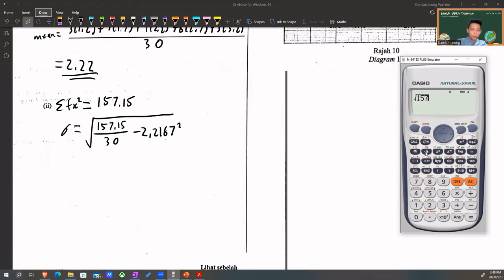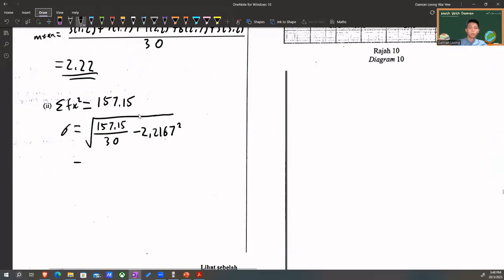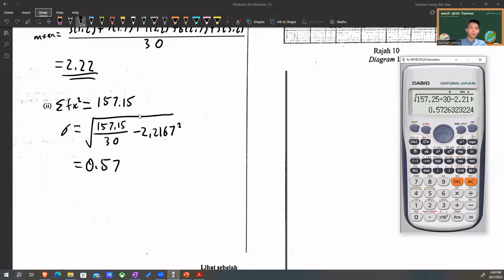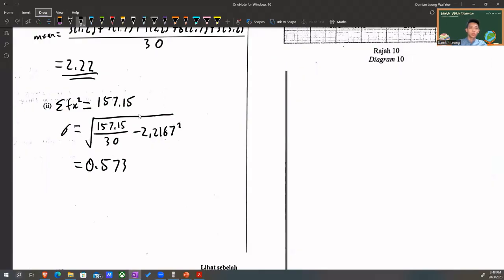So square root of 157.15 over 30 minus 2.2167 squared. 0.573. Let's take it to three decimals.